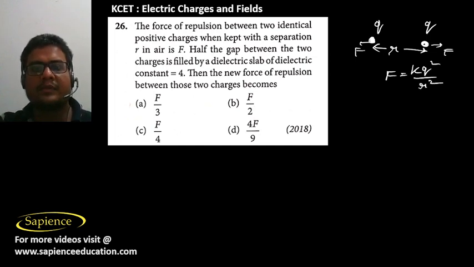Half the gap between the two charges is filled by a dielectric slab of dielectric constant k in between the charges.